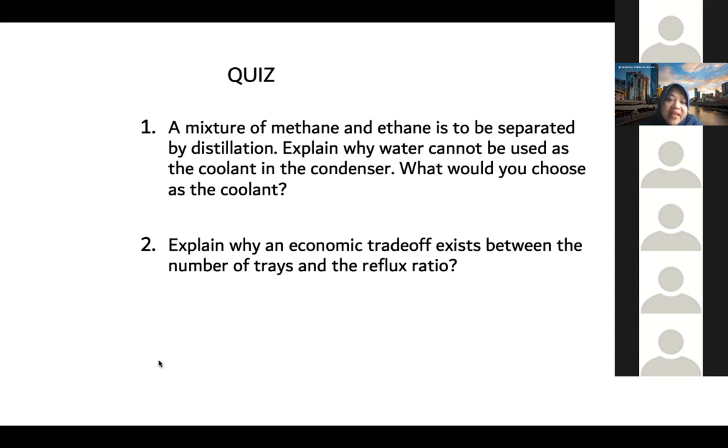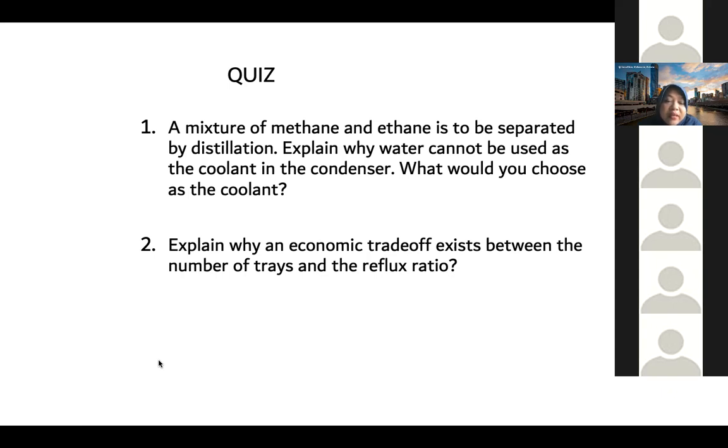That's the correct answer. Methane and ethane are in the gas phase, so you need cryogenic distillation. Good. If you use water, the temperature would be around 45 degrees. Even if you cool it down to 35, it's still in the gas phase, right? That is the correct answer.